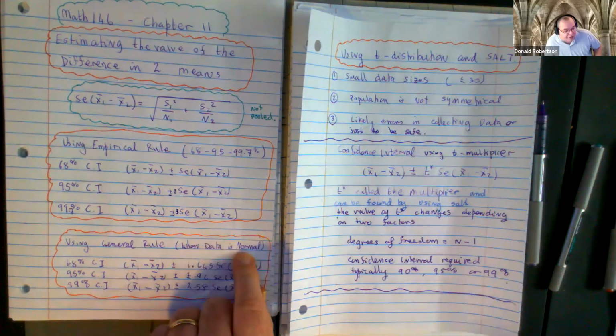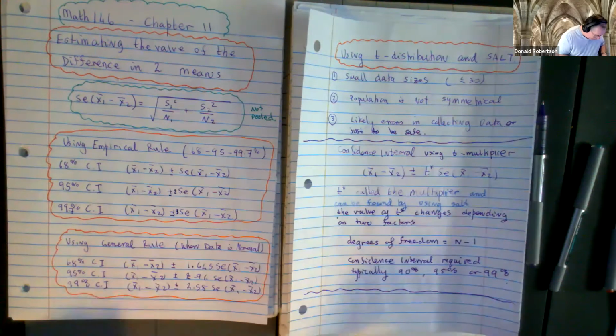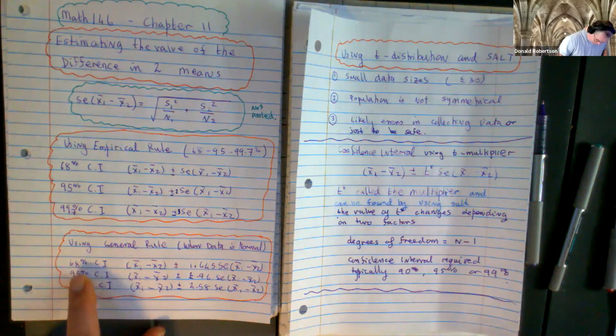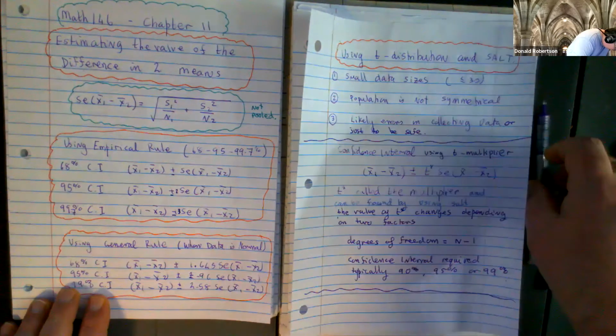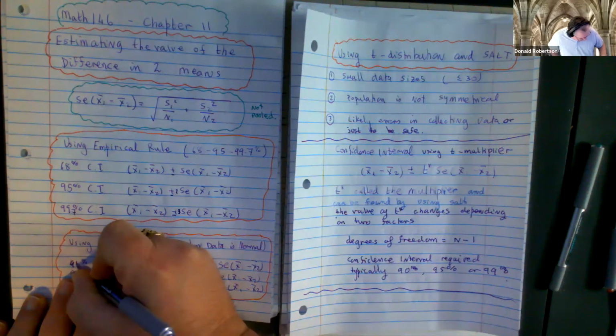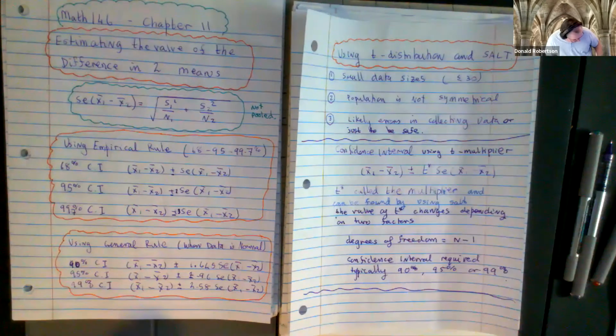Now, as long as your data is normal, so if the question talks about the populations coming from a normal distribution, then if you want to get a 90, a 95, or a 99, that's the typical numbers.